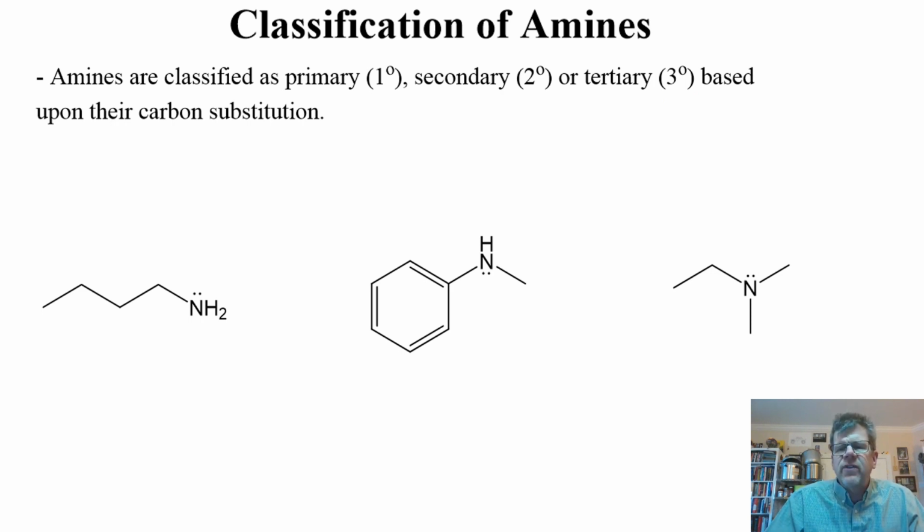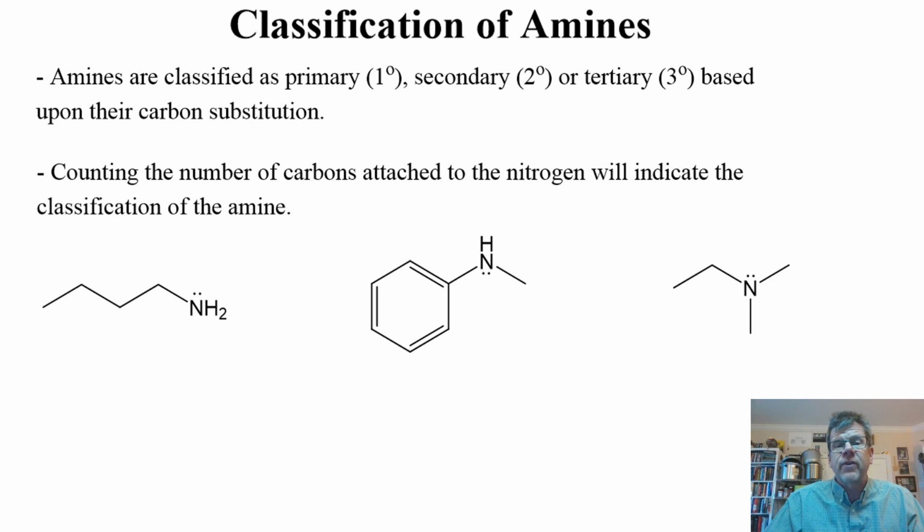For these nitrogen-containing functional groups, it is very easy to determine a classification, and all it is is counting the number of carbon atoms attached to the nitrogen. That's it. So if we look at, for instance, the amine over on the left, how many carbon atoms are attached directly to that nitrogen atom? Well, there's only 1. The other 2 bonds of that nitrogen terminate in hydrogen atoms, and it's given as that contracted expression. But since there's 1, it is a primary amine.